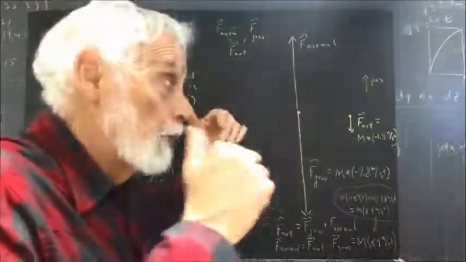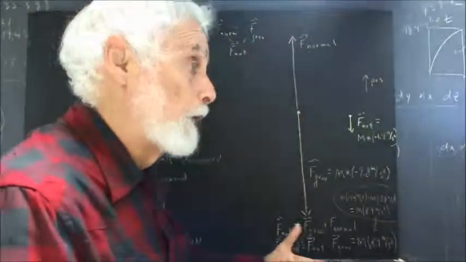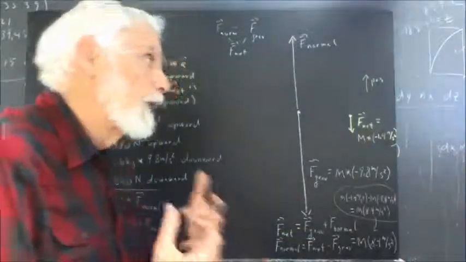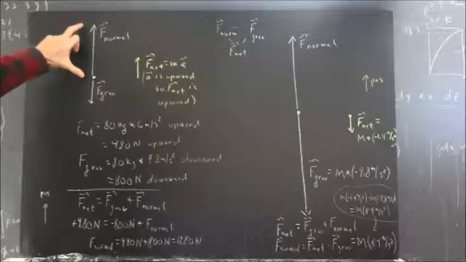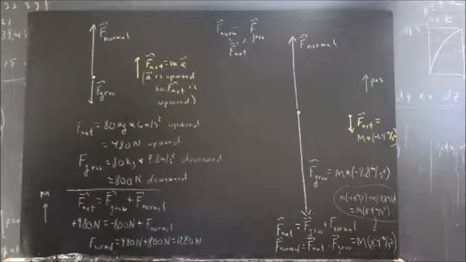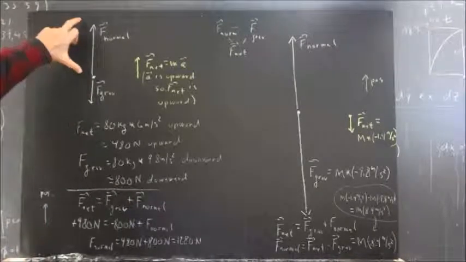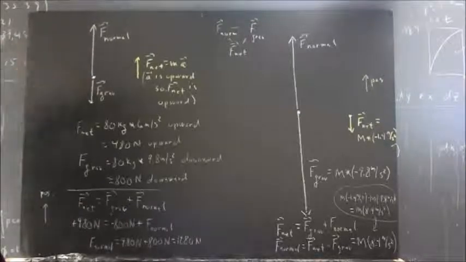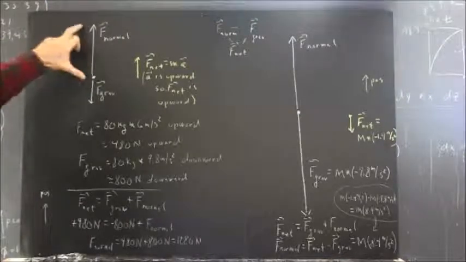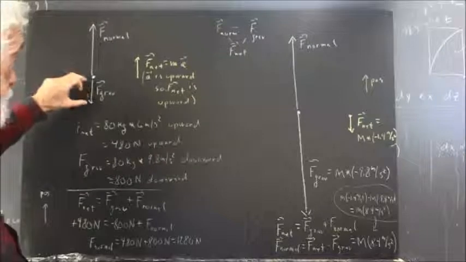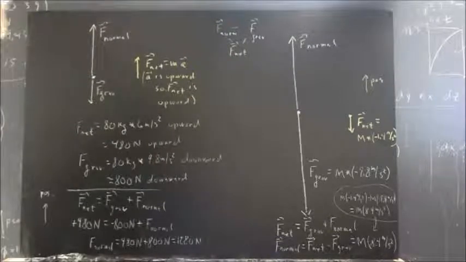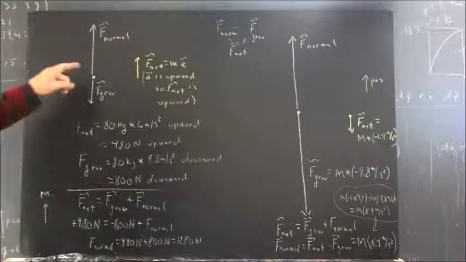When the jumper pushes down, the floor has to exert that much force plus extra, so the normal force vector will be longer than the gravitational force vector. Now, I've exaggerated how long that should be compared to this one, but we can make some adjustments.